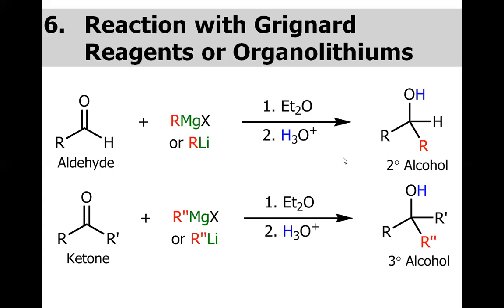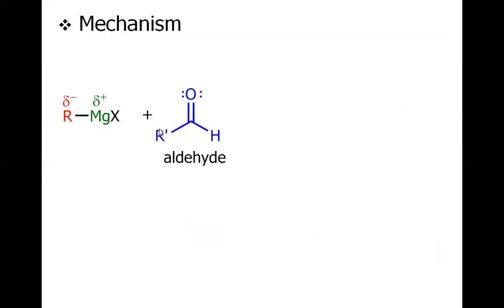And in the second step, we have the workup. We cannot add all the stuff together, because it would be a mess and we will not get our desired product. Rather, the reaction could explode because of the presence of the proton and the Grignard reagent or the organolithium, giving the corresponding alkane.